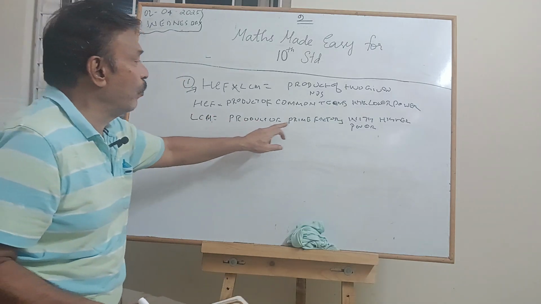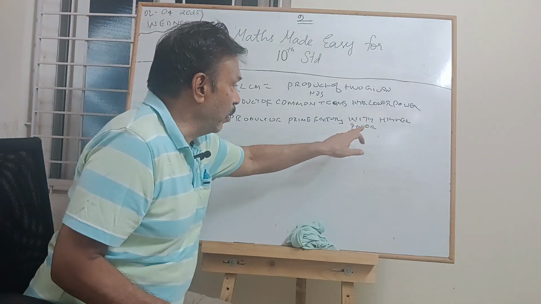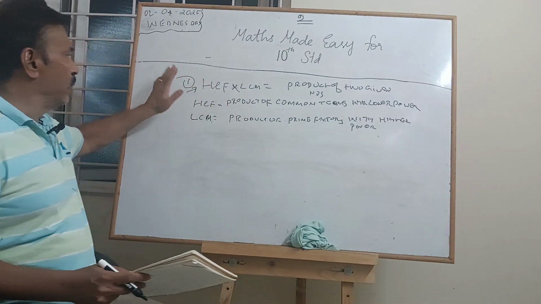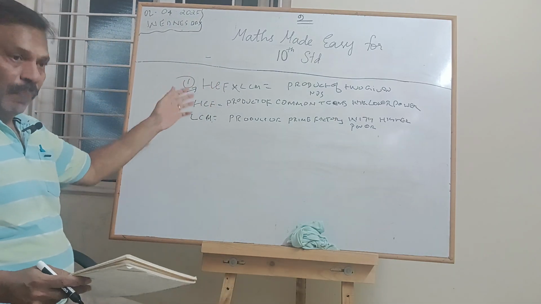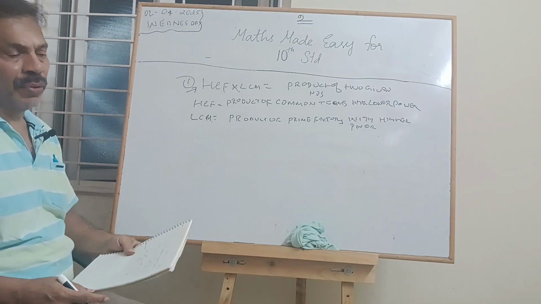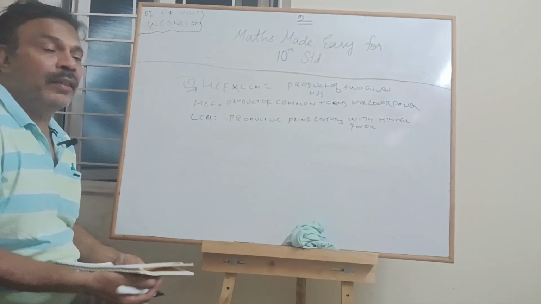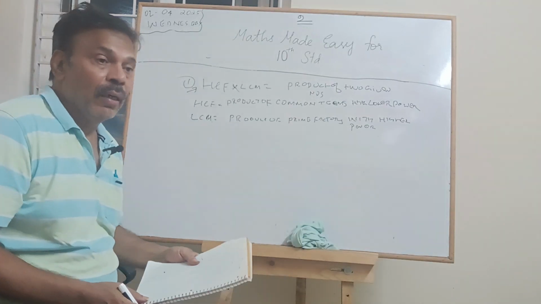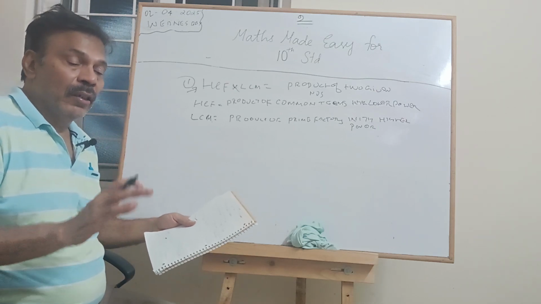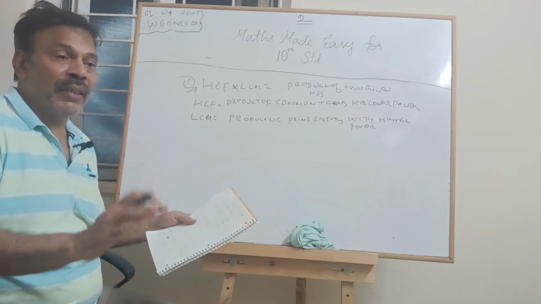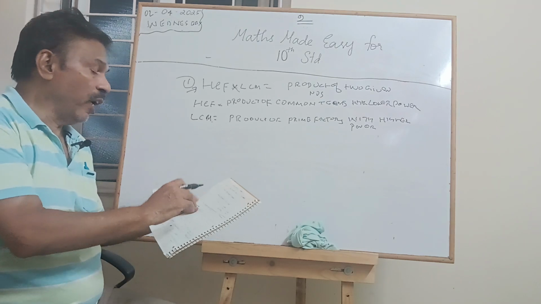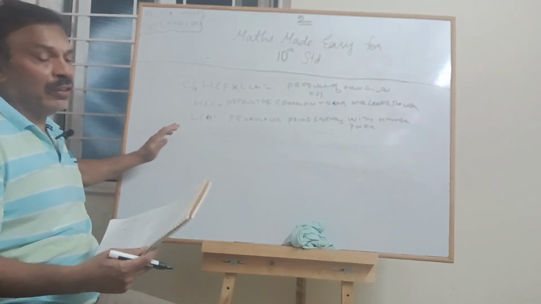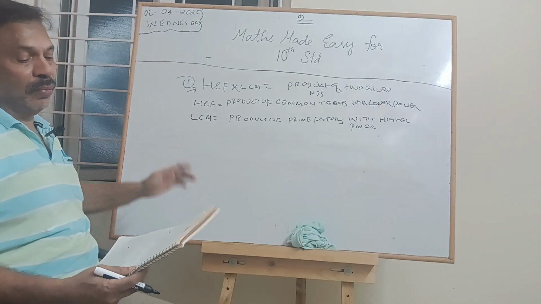LCM is the product of prime factors with higher power. So with this in mind, I will be solving some problems. Basically these are problems which were asked in the public exams, and I will write in which year this question has come.